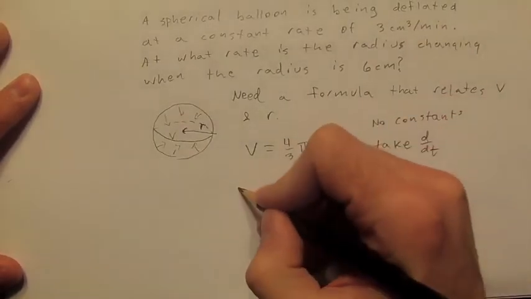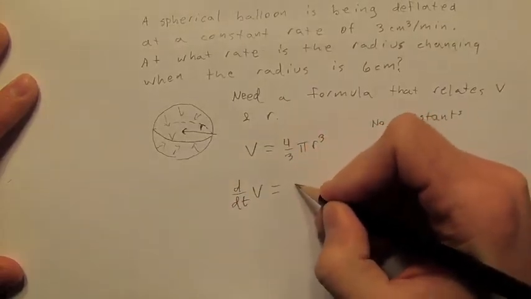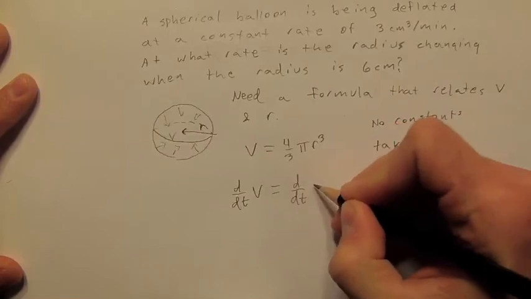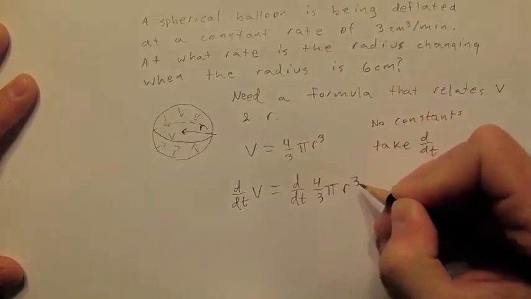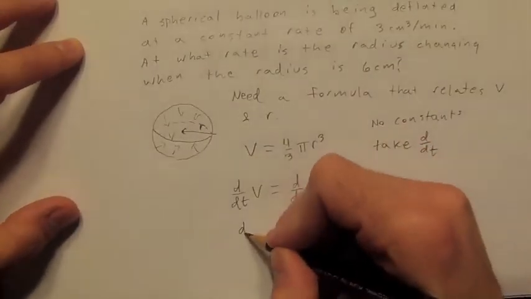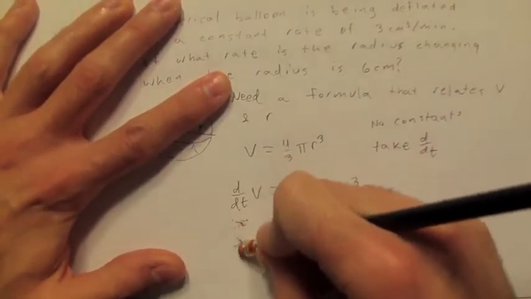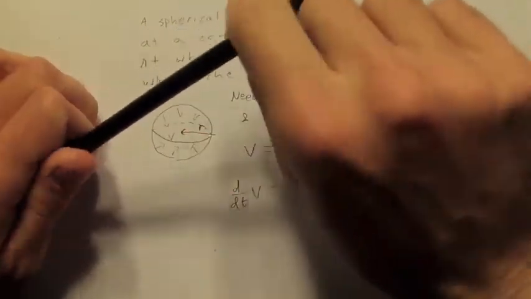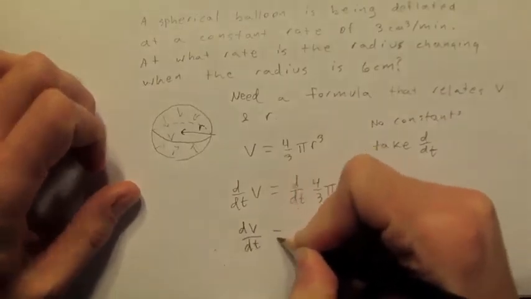So we'll have the derivative of V is going to be equal to the derivative of 4/3 pi r cubed. Now, the derivative of V on this side, about the only way we can really write that is going to be dV over dt.